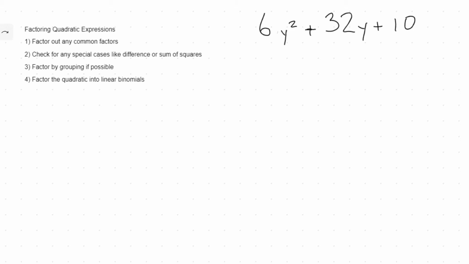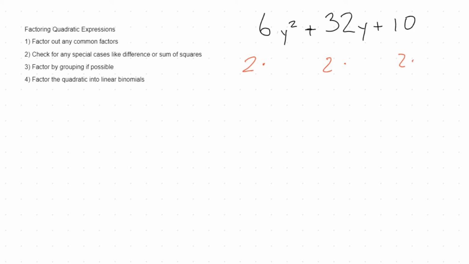The first thing that we want to do is factor out any common factors. So first we can see that the 6, the 32, and the 10 are all even, which means that they're divisible by 2. So we're going to go ahead and factor that out. So what are the factors of 6? It's 2 times, and we said they're all divisible by 2.